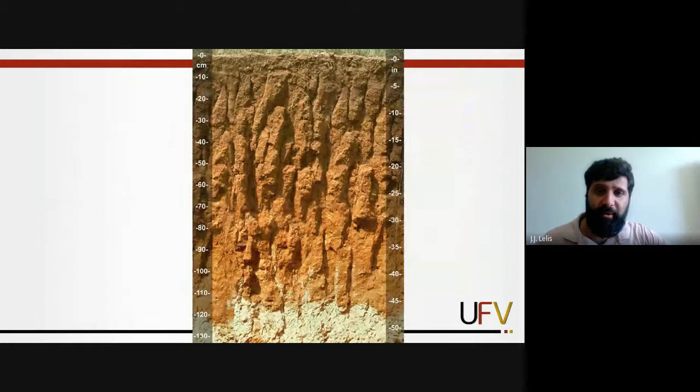Yes, it's very easy to see some prismatic bodies here, prismatic features, like here, some bigger ones. Okay, oh, see this one, there's a crack here.